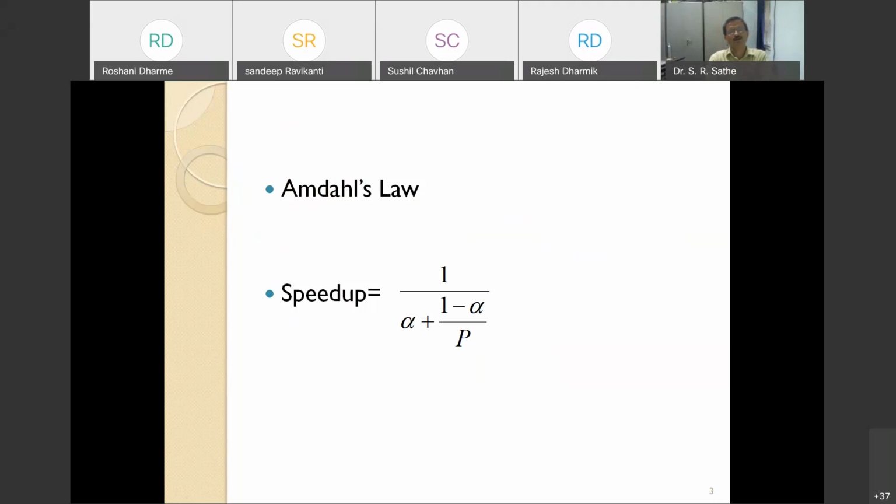For example, if alpha is 0.1, that is 10% of the program must be executed strictly sequentially, then the speed up is limited to 10 only. So this Amdahl's law has to be kept in mind, and you should have as small a sequential component in your code as possible.